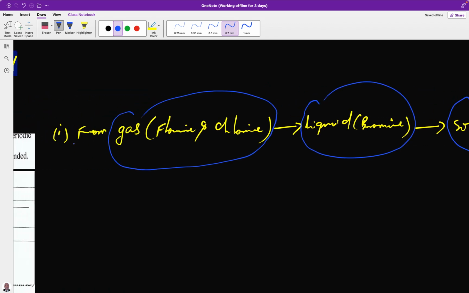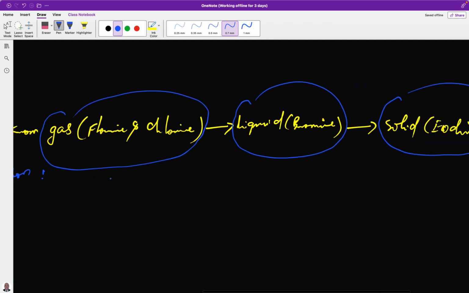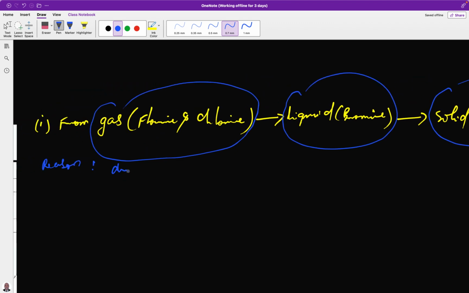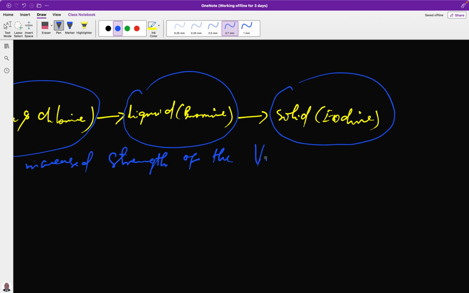Our reason is this one. There is a change in the physical state from gas to liquid and to solid because of increased strength of the van der Waals forces down the group.